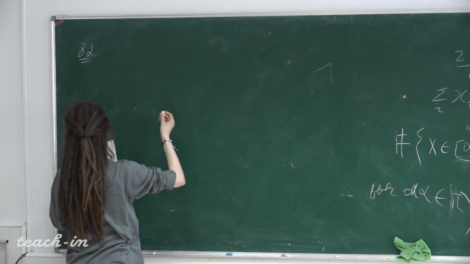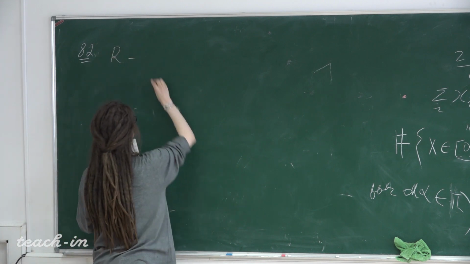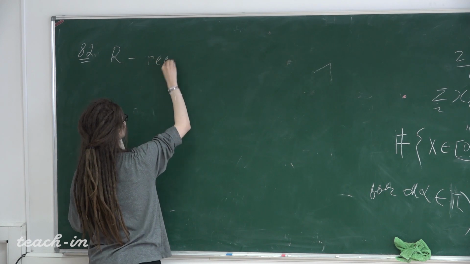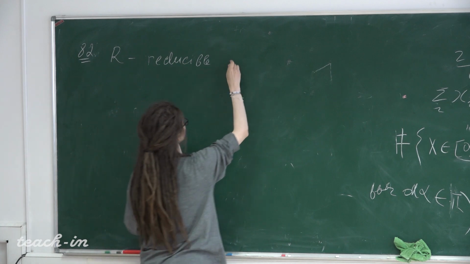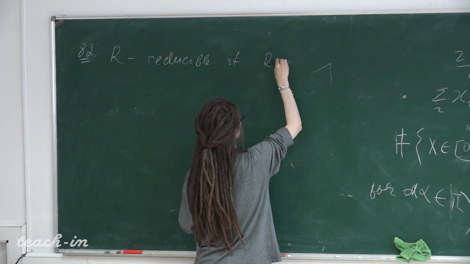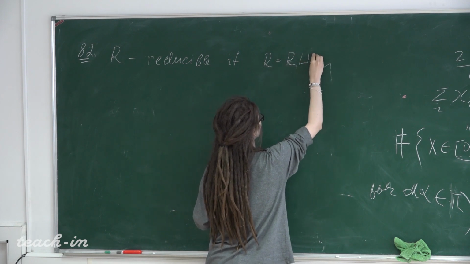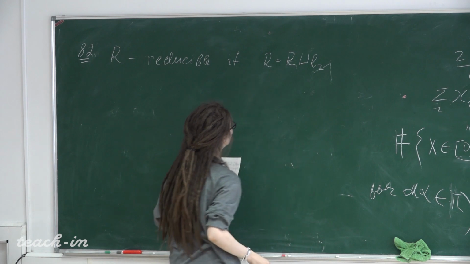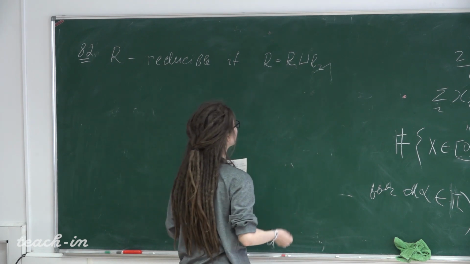It was about that. Okay, firstly, I will repeat the definition. If R is reducible, we can imagine R as 2 smaller subsets.